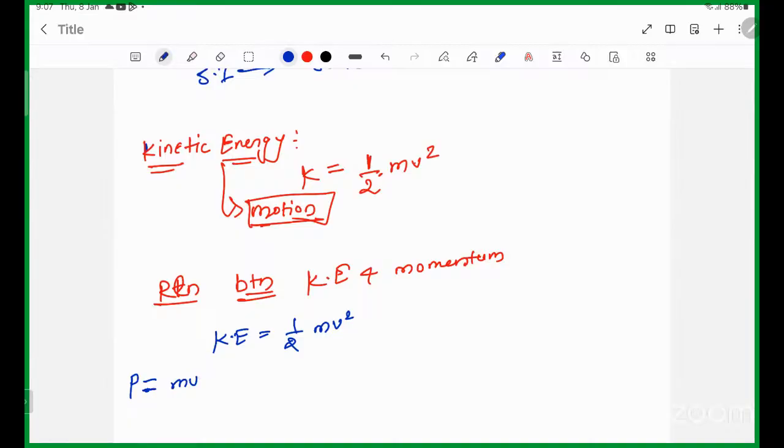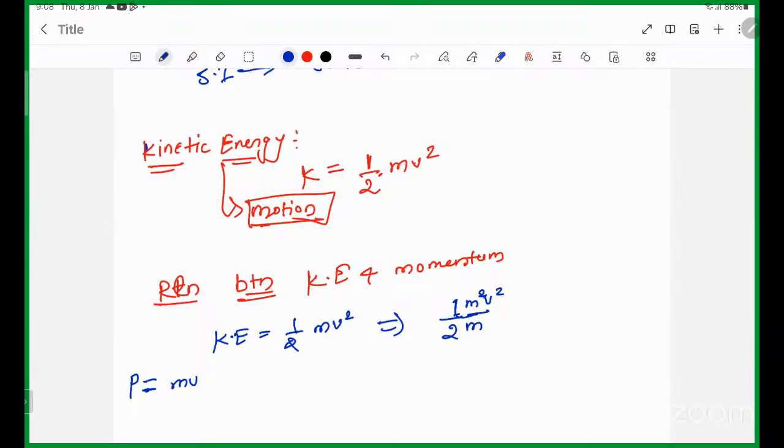So, if we try to change this into momentum format, then we have to divide by 2m. We will first multiply m above, then it will be m square and v only as it is. And when we multiply above, then we have to divide also by m.